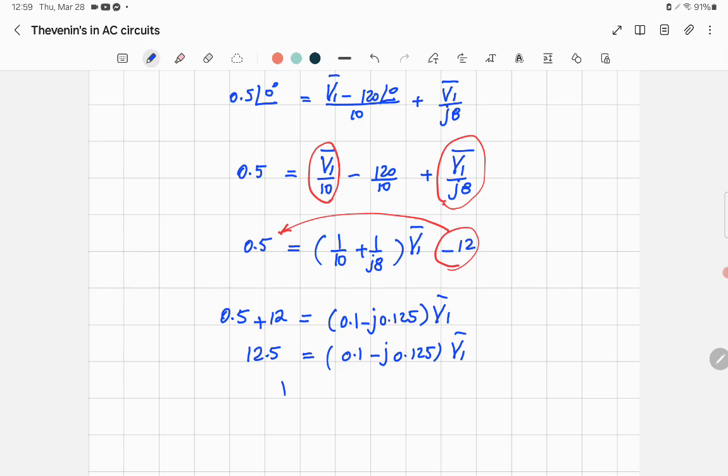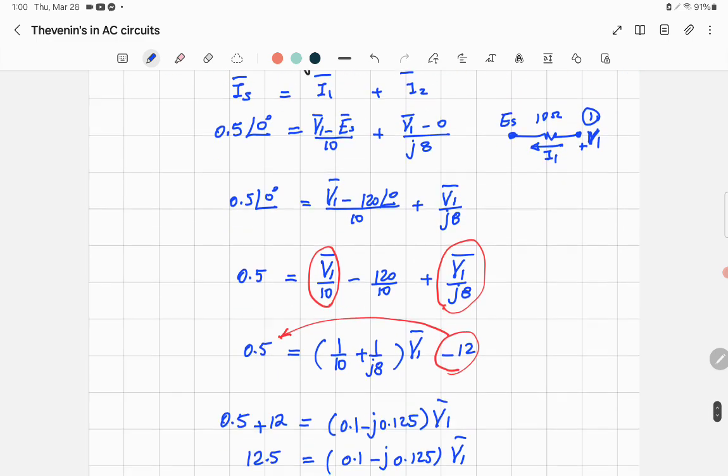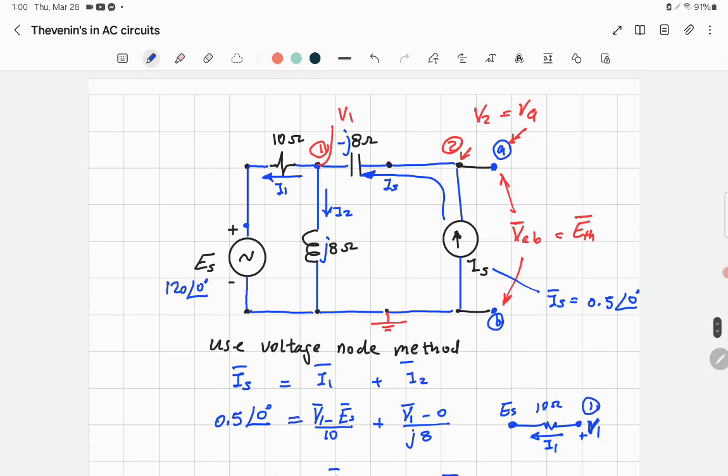From this equation, you can find V1 by dividing 12.5 by 0.1 minus j 0.125. I did that, and expressed in polar form it will be 75 volts, and the angle is 51.34 degrees. That's V1. So I got V1 here.